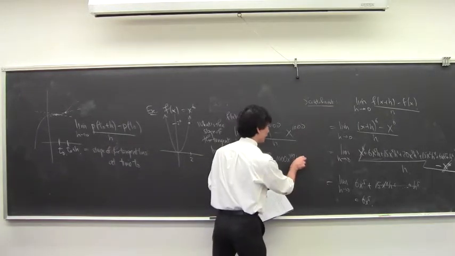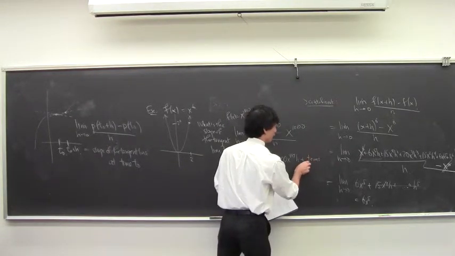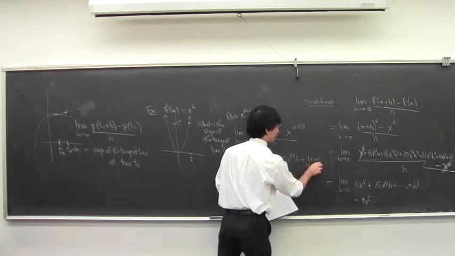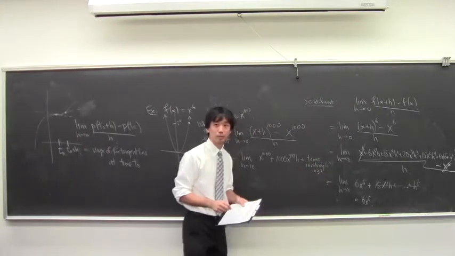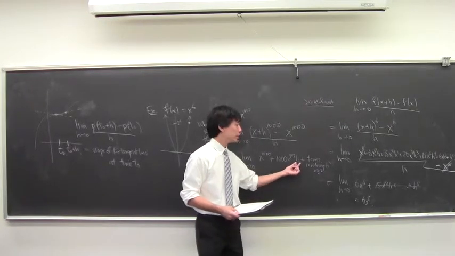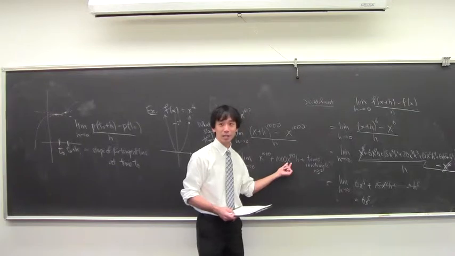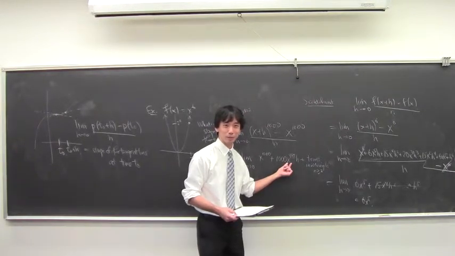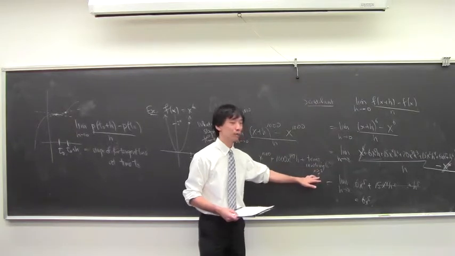Then plus a bunch of terms involving h to the n, where n is bigger than or equal to 2. There's going to be h squared, h cubed, x to the 998 times h squared, x to the 997 times h cubed, blah, blah, blah. So terms involving h to the n, where n is bigger than or equal to 2.